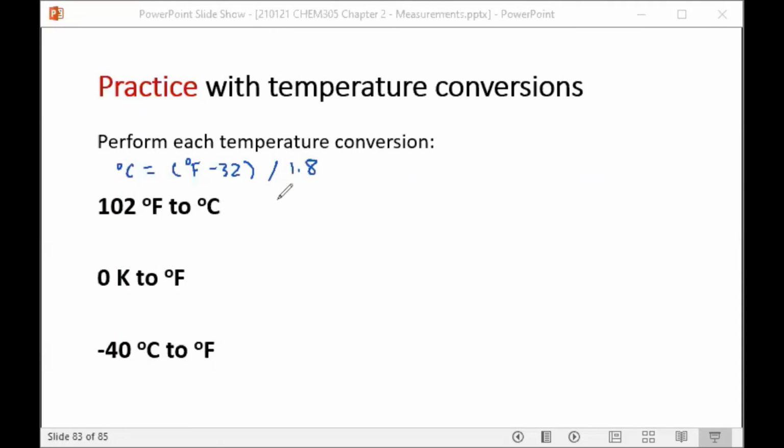So if we have 102 degrees Fahrenheit, we'll do 102 minus 32 divided by 1.8. And I get 39 degrees Celsius. And I'm going to cut this off at the ones place because the Fahrenheit I began with only had precision out to the ones place.